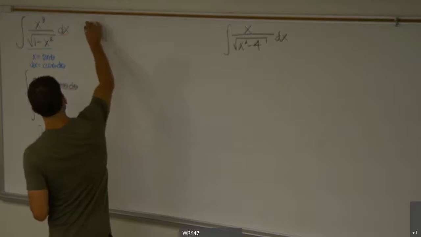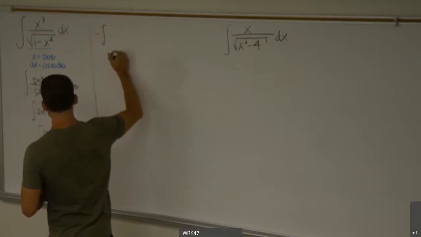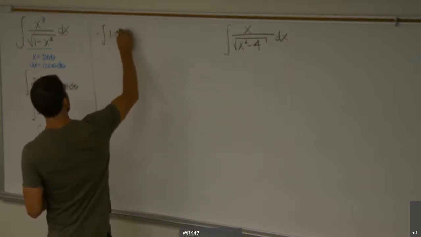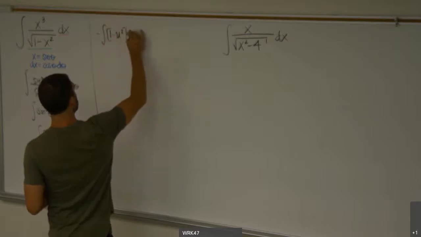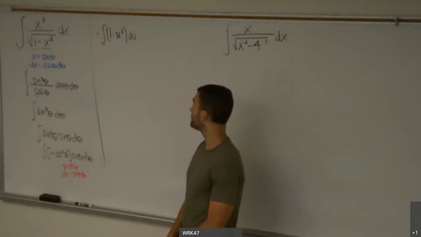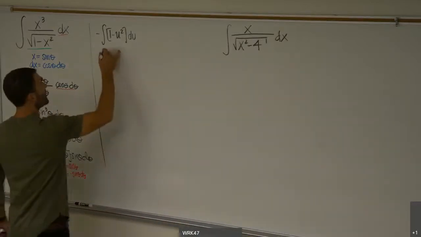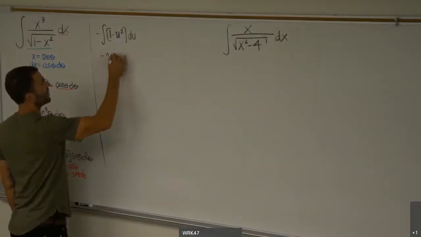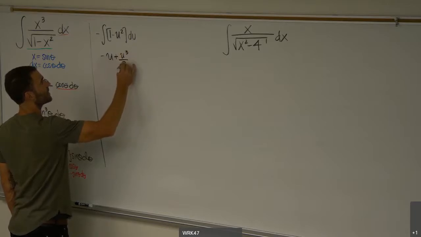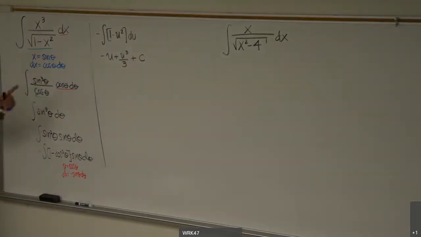So what we end up with is negative the indefinite integral of 1 minus u squared du. Negative sine theta d theta becomes my new du. Taking the antiderivative and distributing the negative, we get negative u plus u cubed over 3 plus c. And now we're at the point where we actually answered the indefinite integral. We have an answer, it's just not in the right variable.